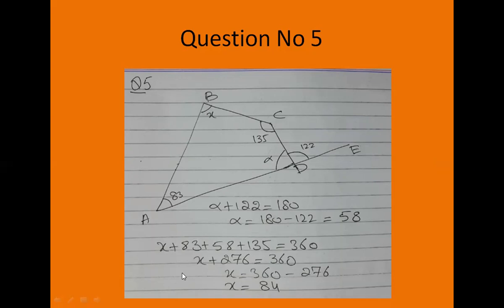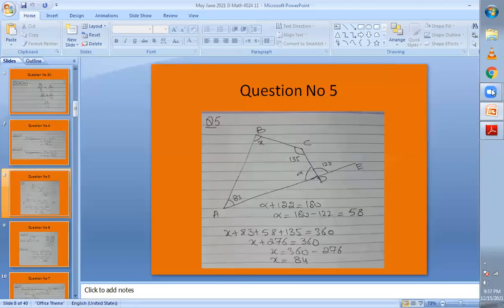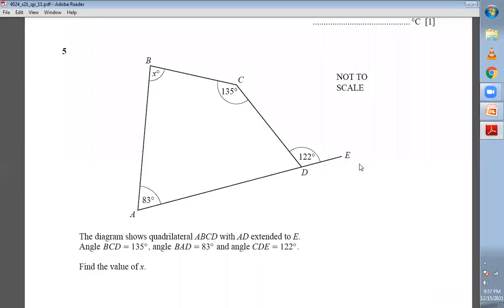So 83 plus 58 plus 135 will be 276, so x plus 276 equals 360. So 276 will go to the other side and subtract there. So x is equal to 360 minus 276, and x will be equal to 84. Hopefully you understand this question. Okay, so let's move to the next question.